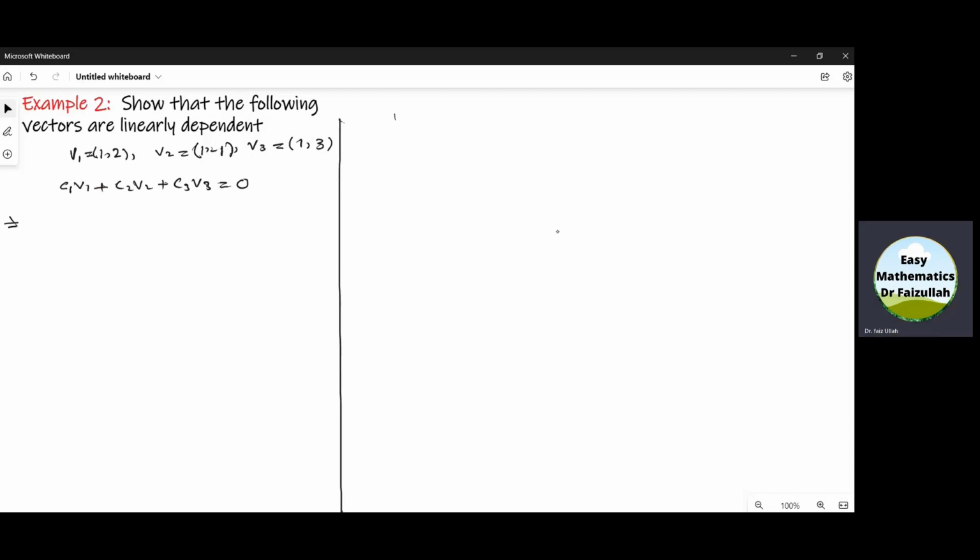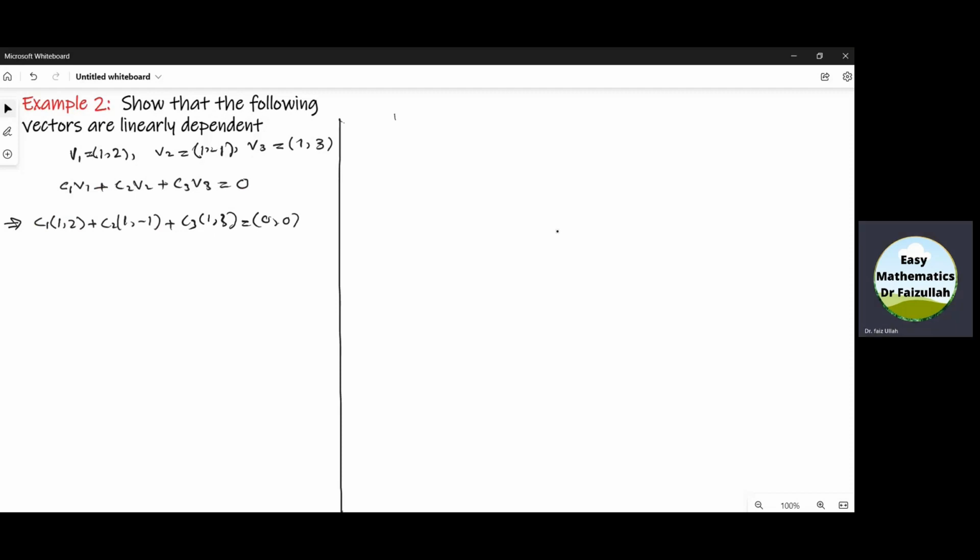Let us substitute the values of V1, V2 and V3. So we have (1, 2), then plus C2, here we have (1, -1), plus C3, here we have (1, 3), which is equal to the zero vector.